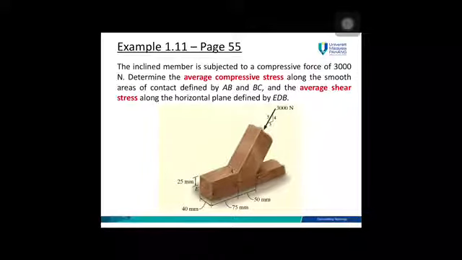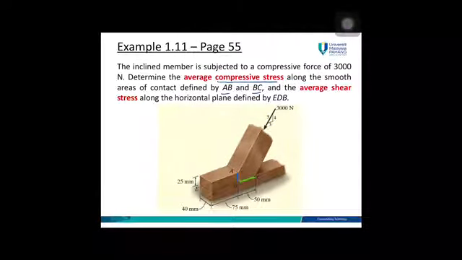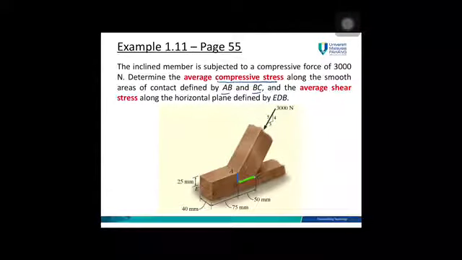You need to calculate the compressive stress for AB and BC. Where is your AB? This is your AB. This is your BC. And for shear, the question asks you to calculate the average shear along EDB. This is E, D, and B.